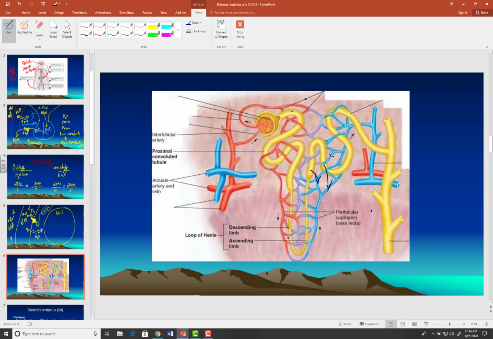Now, normally the collecting duct is impermeable to water, but in the presence of ADH, what ADH does is it inserts these little water channels into the cells that make up the collecting ducts. So in the presence of ADH, water that would normally get peed into the toilet, now because of these aquaporins, or water channels, gets reabsorbed back into the blood.